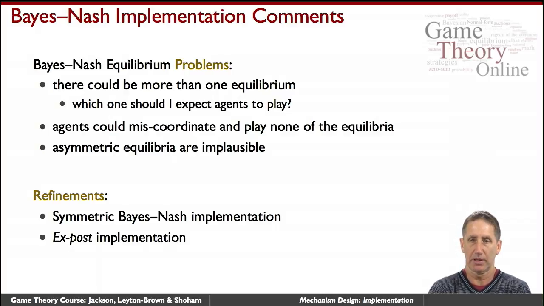One of them is to simply require that the implementation be a symmetric Bayes-Nash equilibrium. That takes care of the asymmetry concerns. You might want also to require ex post implementation, meaning that the strategies selected are an ex post equilibrium, a very strong notion. So agents don't experience regret for having selected those equilibria even after the game is played.